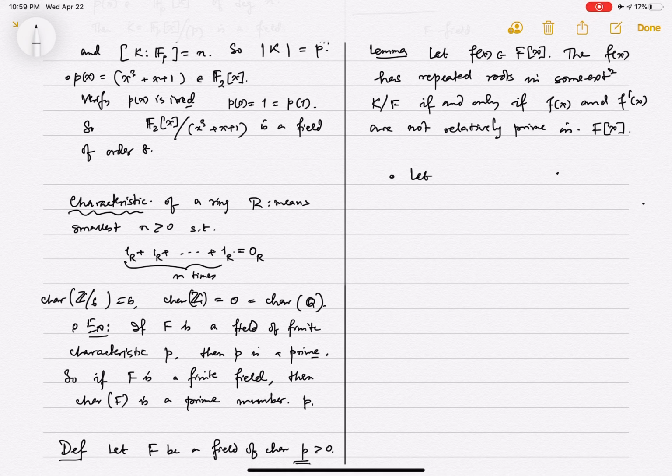Let's do this implication. So suppose the GCD of f and f prime is 1. So they have no common factor. Then there exist g and h in F[x] such that gf plus h f prime equals 1.